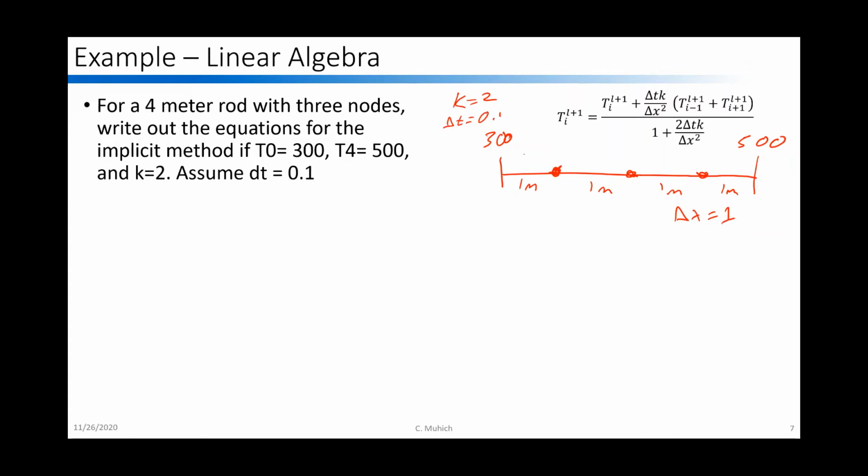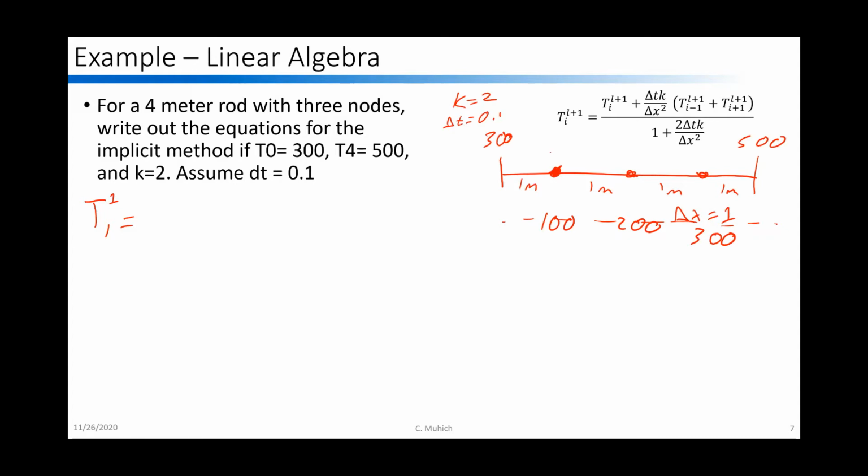Okay, so let's look at the first node. So T1 at step 1 is going to be the initial condition. So maybe we set all of these to 0 initially, or how about this? We'll set them equal to 100, 200, 300, just to give us some differentiation.